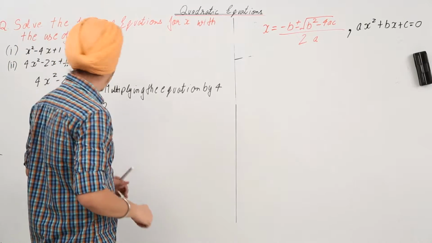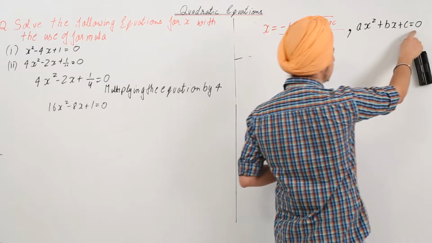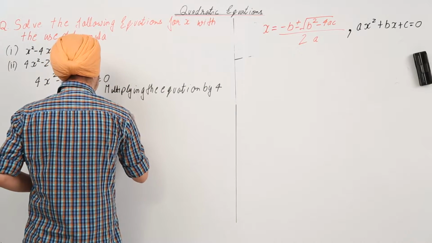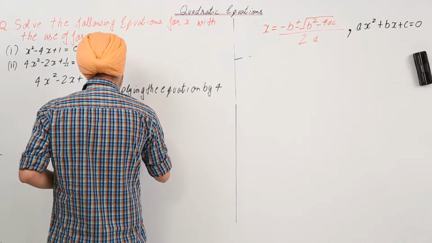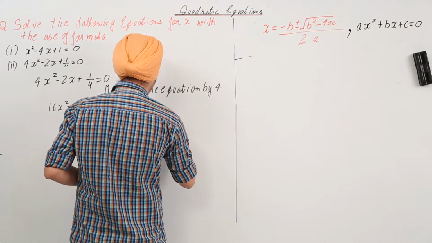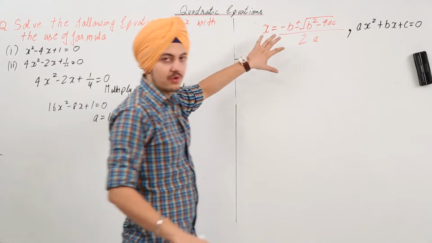Now we again compare this equation with this equation, we get a is equal to 16, b is equal to -8, and c is equal to 1. Now again, we have this formula right here.